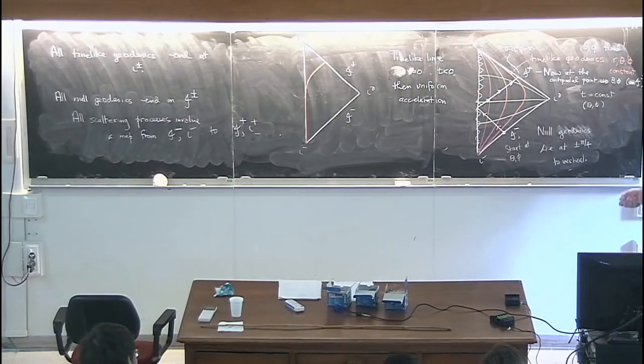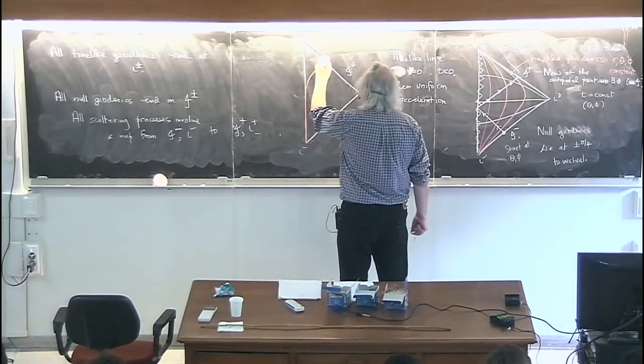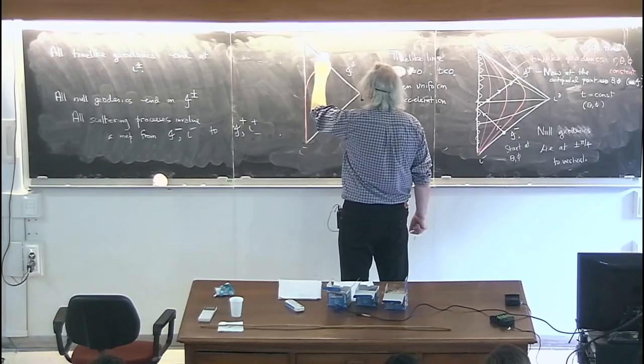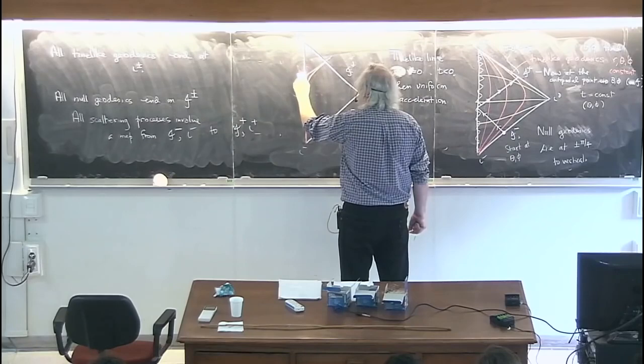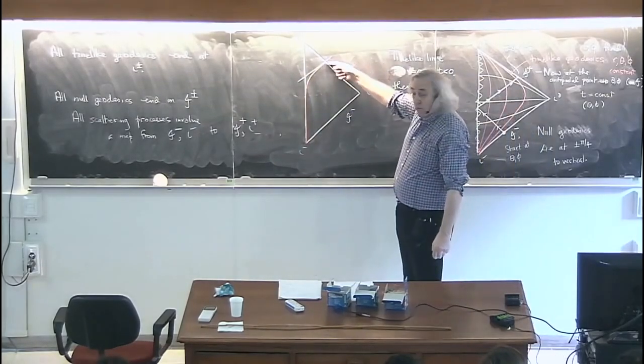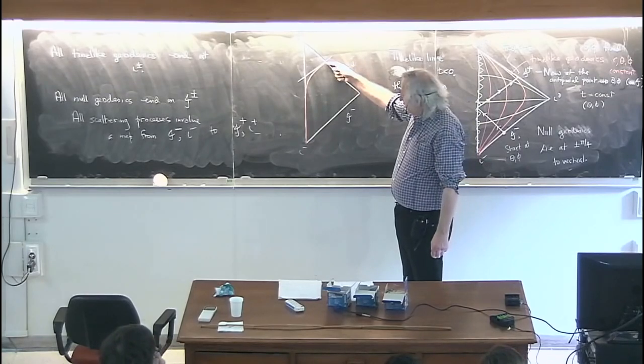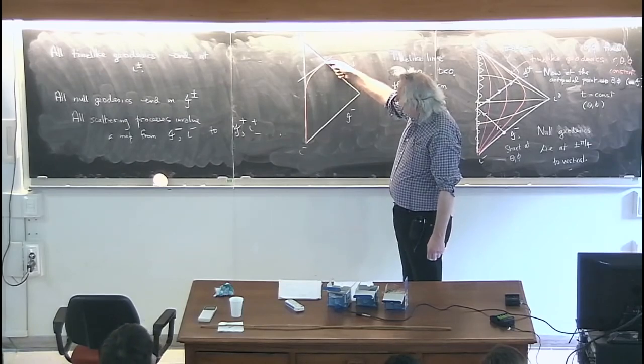This observer has a horizon. A horizon is defined by regions of the space-time that this observer cannot see. So if you think about what this observer can see, once they get to null infinity, where they sort of get to the edge of the space-time, they can only see in their past light cone.